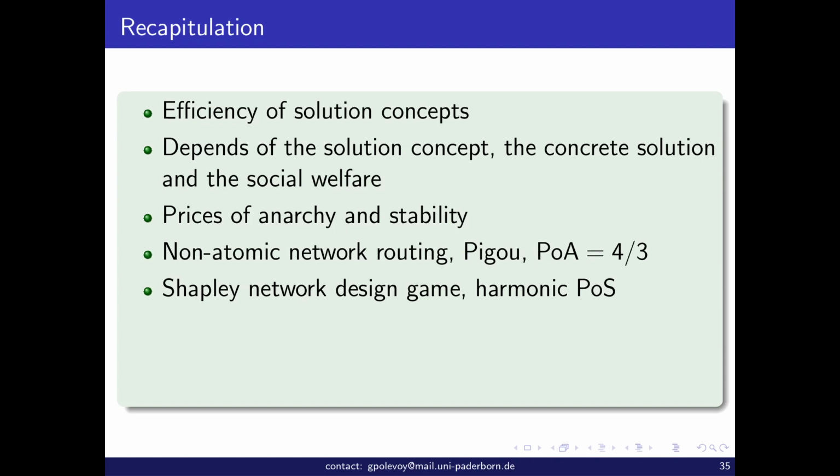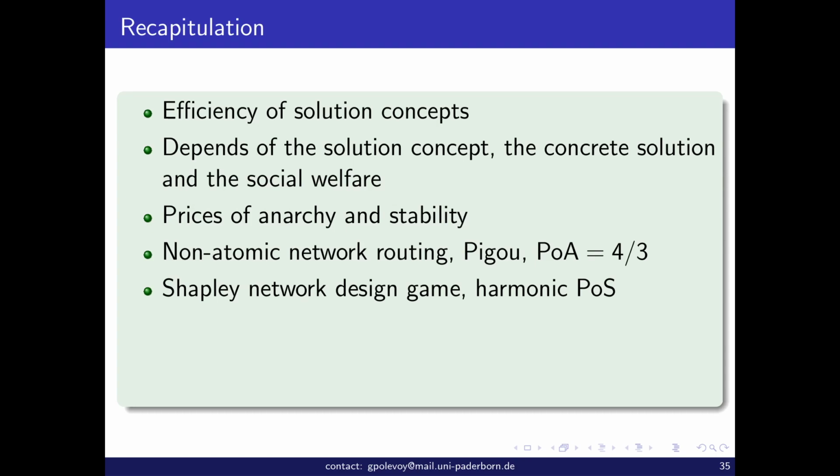Unlike in non-atomic network routing, where the price of stability is equal to the price of anarchy, so when the price of anarchy is 4/3, the price of stability is also 4/3. Here we saw a case where the price of stability is optimum, but the price of anarchy is not.